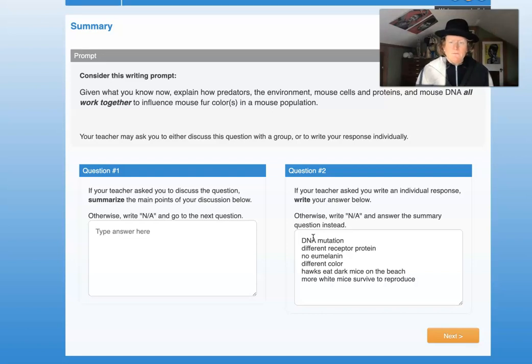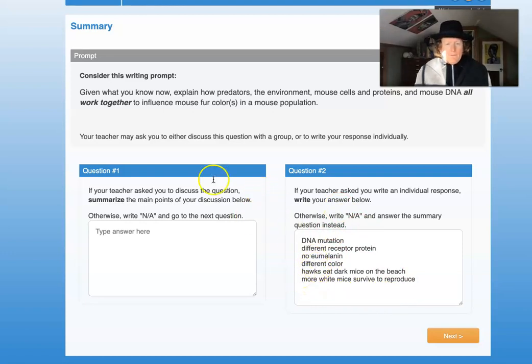That results in a different receptor protein. There's a different codon. It picks out a different amino acid. The signal proteins aren't utilized. There's no eumelanin in the light mouse. The light mouse ends up being a different color because there's no eumelanin, because that receptor protein isn't working with the signal proteins anymore.